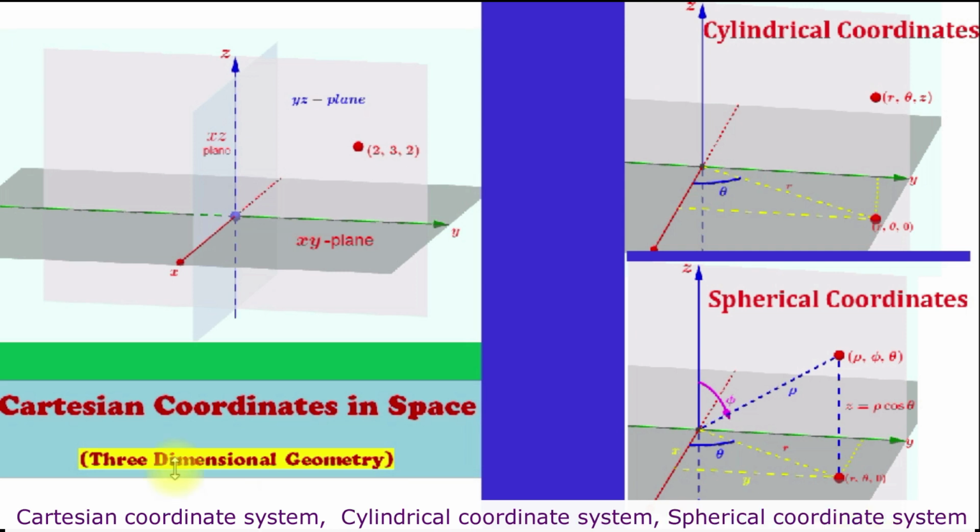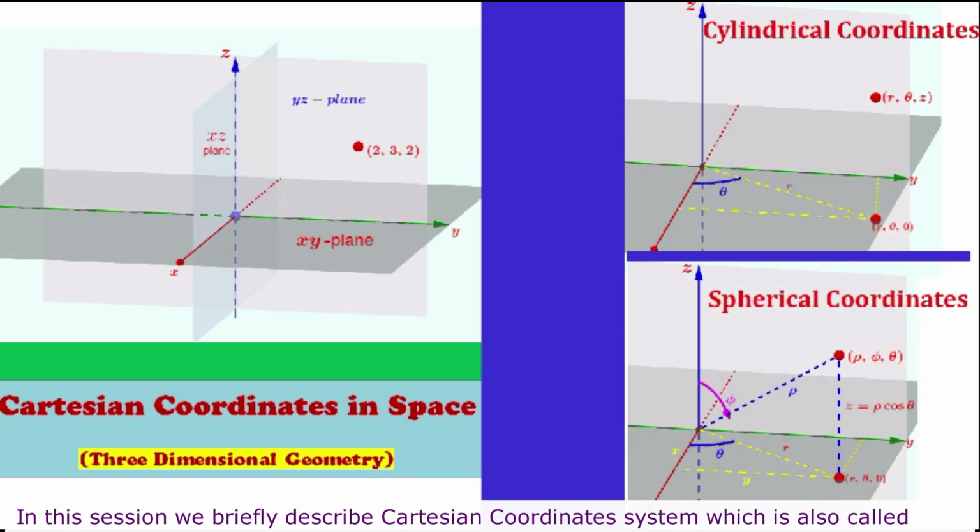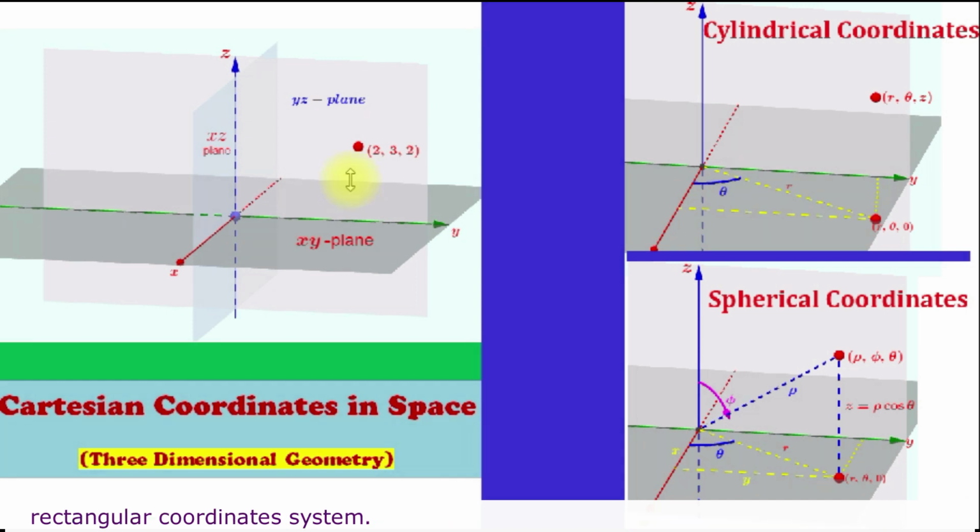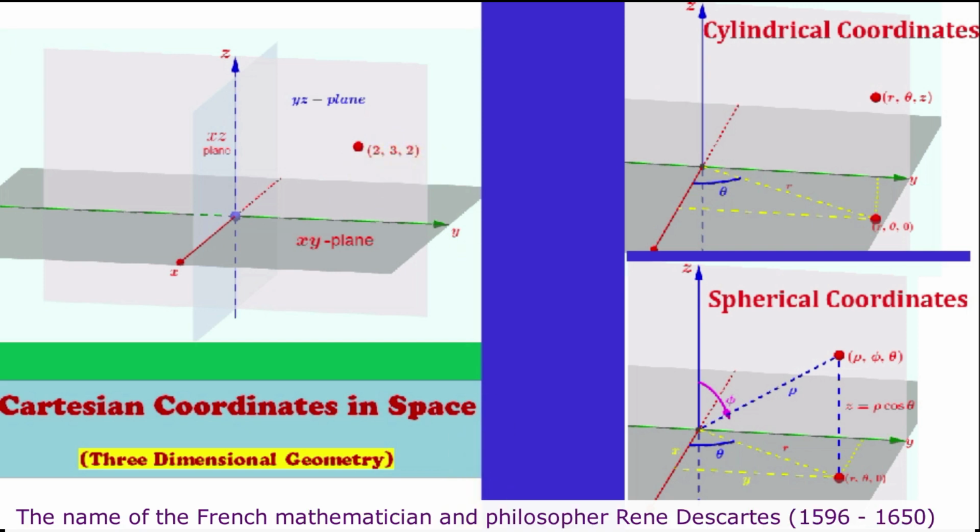They are the Cartesian coordinate system, cylindrical coordinate system, and spherical coordinate system. In this session, we briefly describe the Cartesian coordinate system, which is also called the rectangular coordinate system.